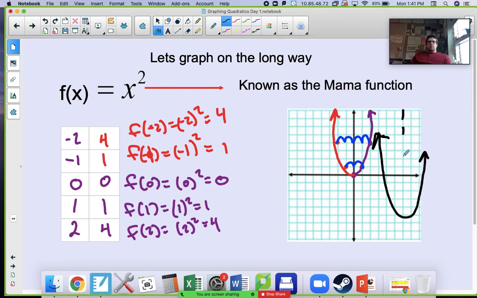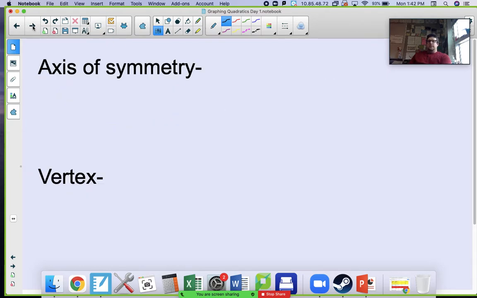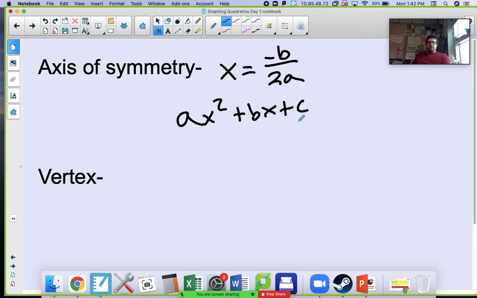So how we're going to approach it is by finding that axis of symmetry first. Finding the axis of symmetry requires a formula: x equals -b all over 2a. We get the b and a from when it's in our standard form.